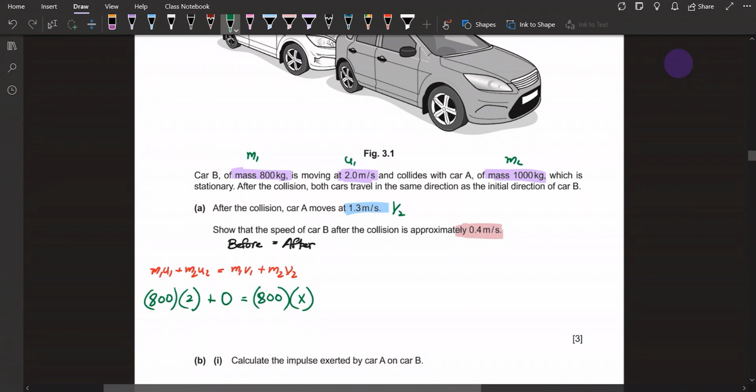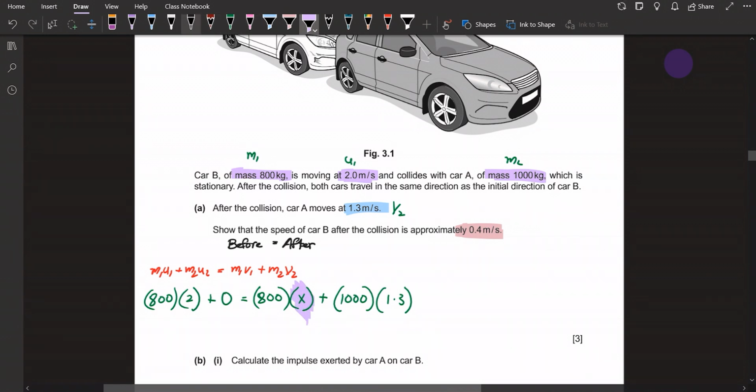We can put anything, you can even write v1, plus m2, which is 1000, into v2, which is 1.3. So to find this, now what we have to do is rearrange our formula and make x the subject.